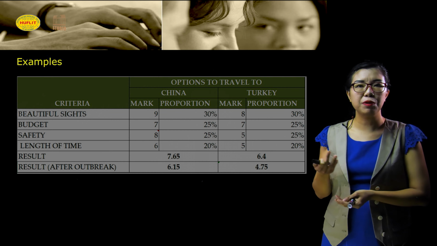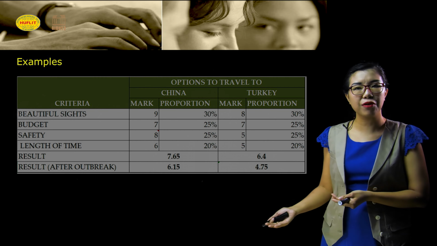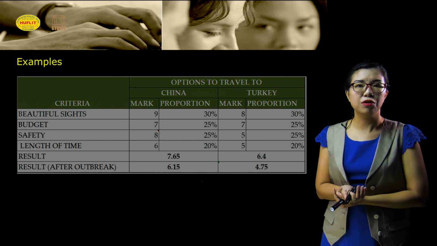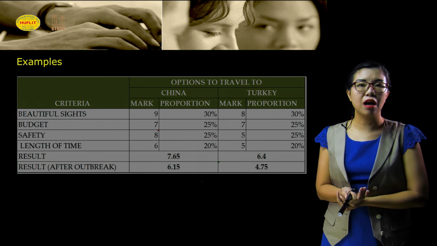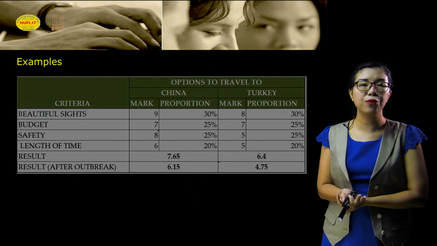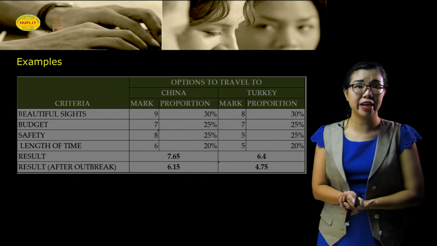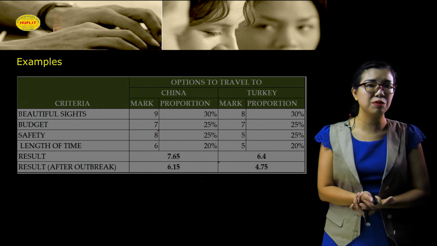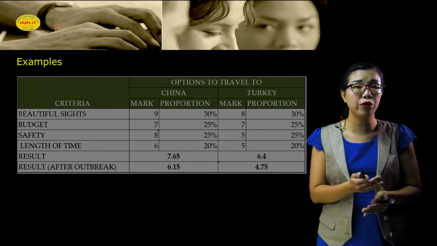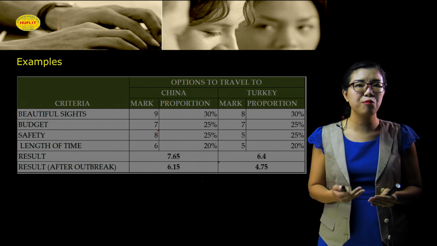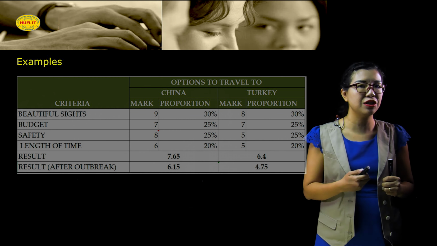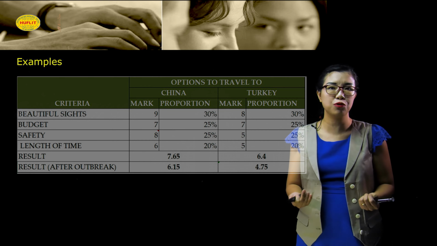As you consider the beautiful sites compared to the other variables, we think the beautiful sites contribute a higher percentage to the decision to travel to China. That's why I put 30% for the beautiful sites for both countries, which means that the beautiful sites comprise about 30% of your decision on where to travel.